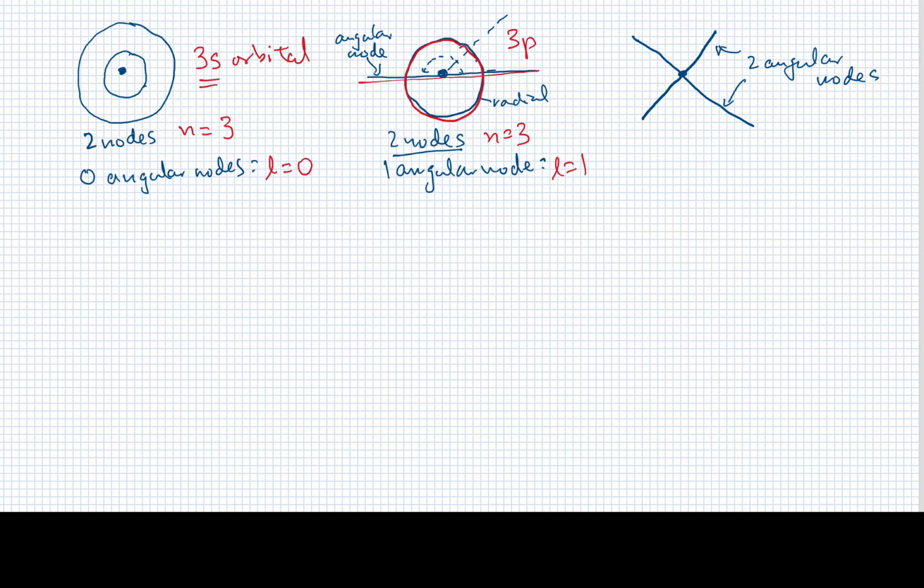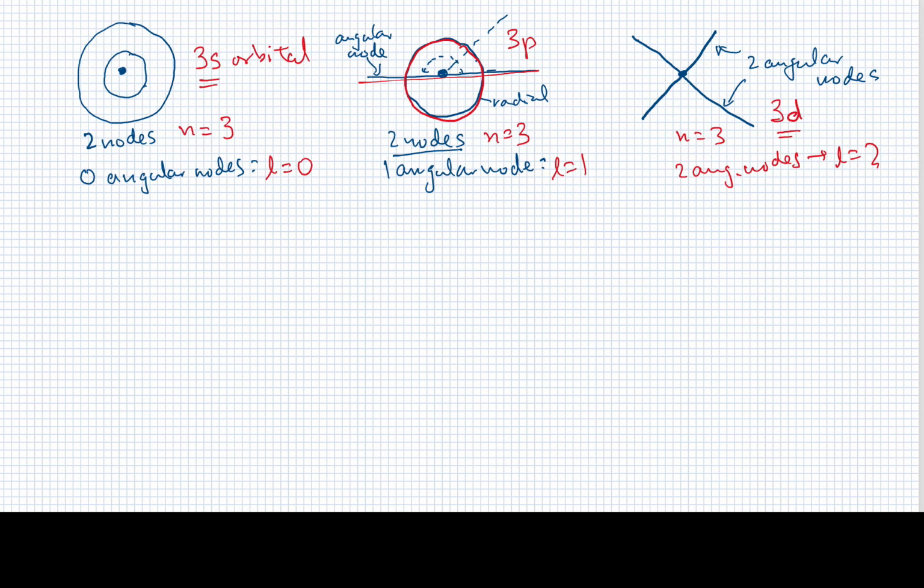So again, I'm going to have n equal to 3. But now that I have 2 angular nodes, that means that I have L equal to 2. And that corresponds to a d orbital. So this would be a 3d orbital. And in fact, these being the planes, it could represent many of the different d orbitals simply because they would show 2 of these angular nodes.